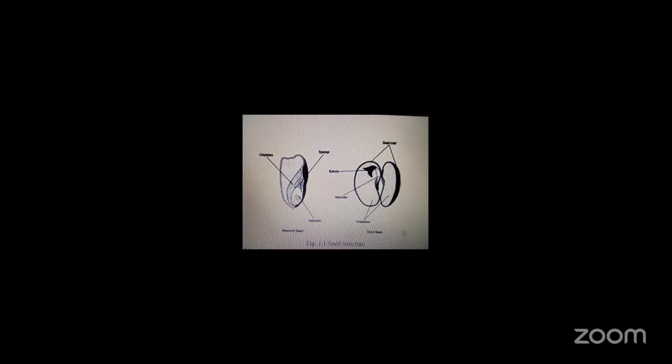The radicle forms the roots. The portion of the embryonic axis that extends above the cotyledon is known as the epicotyl, and below the cotyledon it is called the hypocotyl.